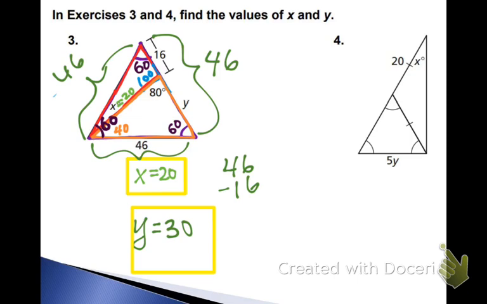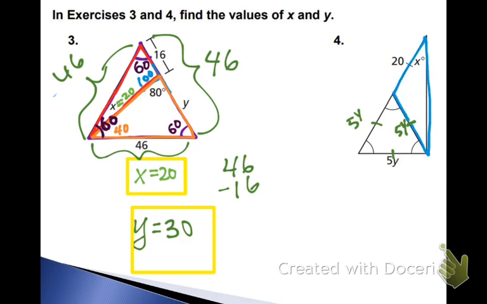The last one we do together, we could find y first. Is y an angle or a side? It's a side. What kind of triangle do we have here? Equilateral. So all the sides are the same, right? So I'm going to label them all 5y, because they are all 5y. What kind of triangle do I have right next to it?